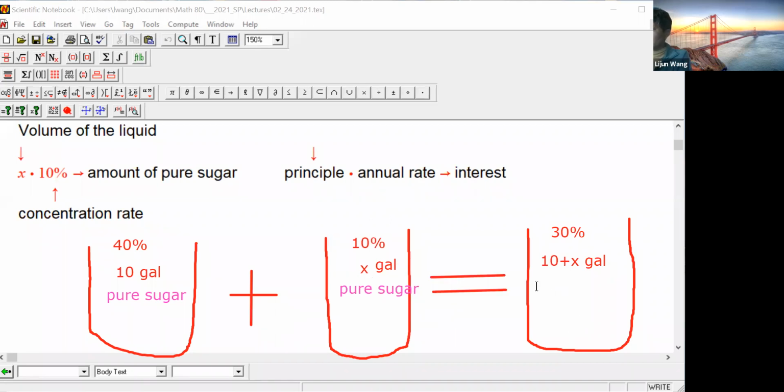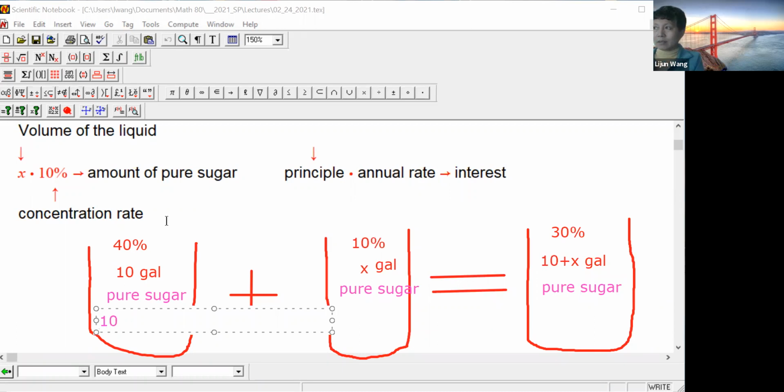How much pure sugar is there? Could you tell me how you find the amount of pure sugar here, 40% of 10 gallons? We just did it, right?